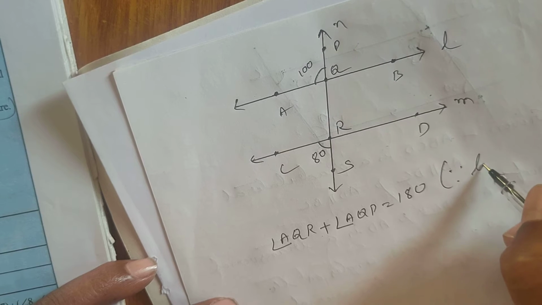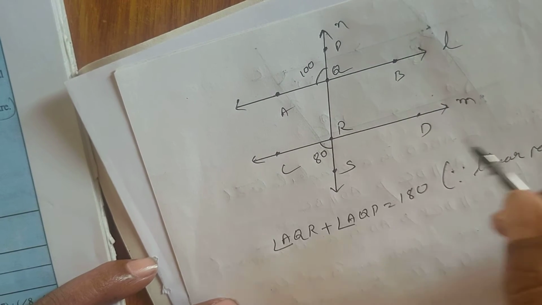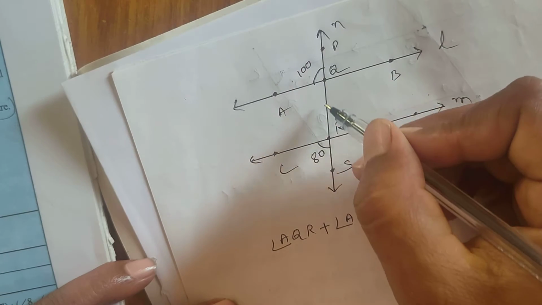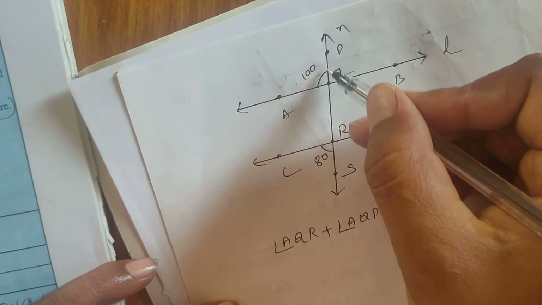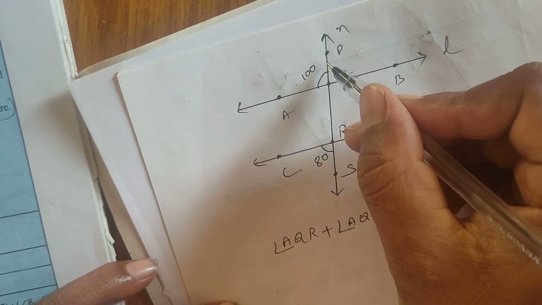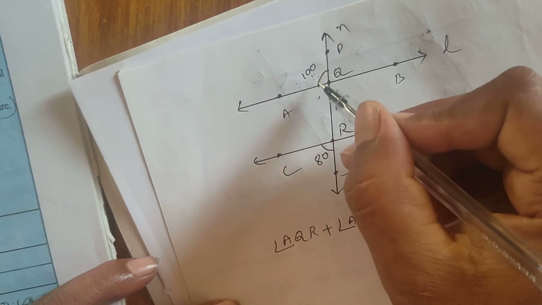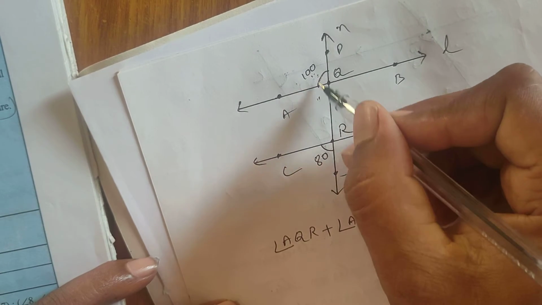Why? What do you have to write? Linear pair. Why linear pair? See, PQRS is one line. N is a line or not? At one point, this side the entire angle is 180 or not? If you add these angles, you will get 180 because of linear pair.